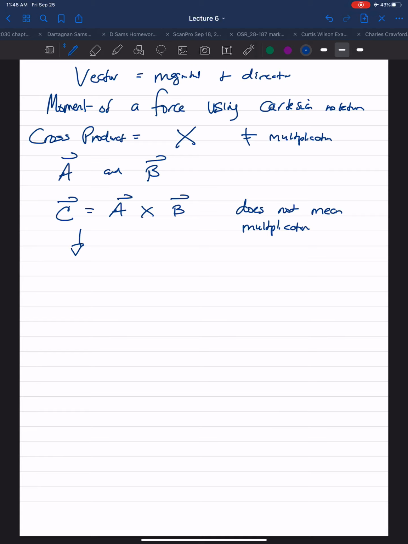This is read as vector C equals vector A cross vector B. And then the magnitude of this new vector C is the magnitude of vector A times the magnitude of vector B times the sine of the angle theta between their tails.